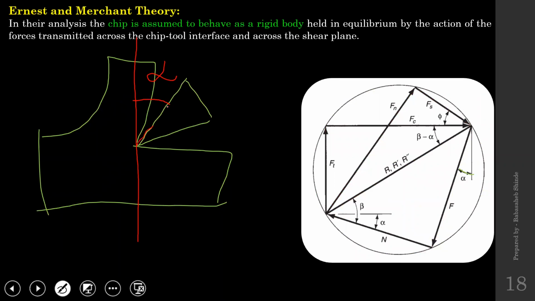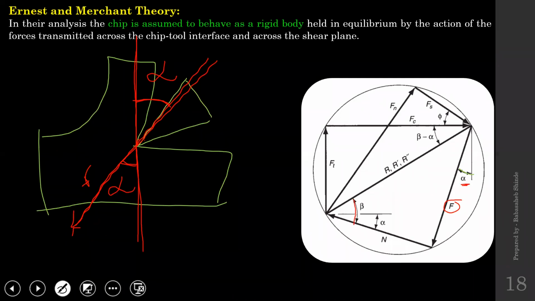Now I have drawn a frictional force along the rake face, and the same force I have extended in this direction. So this is my F. If I take the inclination of that one with the vertical, actually this is the same line that I have extended, and this vertical also the same line. So if this is alpha, this also becomes alpha. Okay, so that's how this is the rake angle alpha.